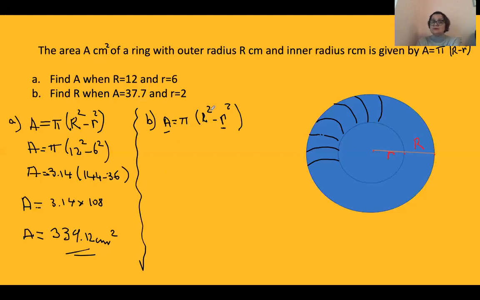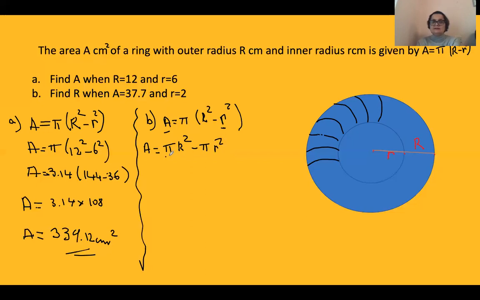So first thing, to get the R to the power of 2, in this case, out of the bracket, we have to expand. And so we're going to have A equals pi R to the power of 2 minus pi little r to the power of 2.